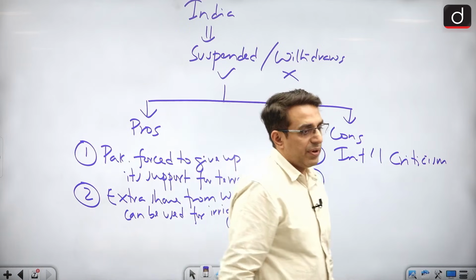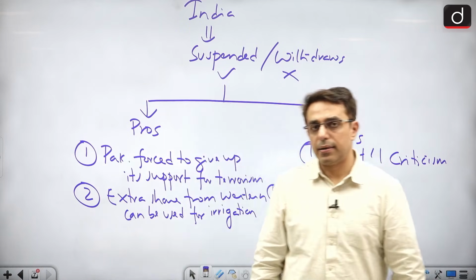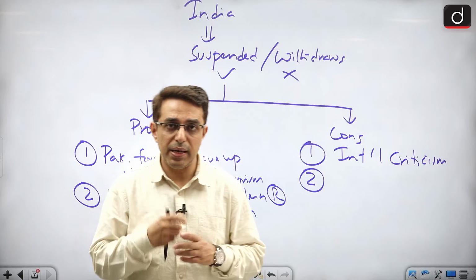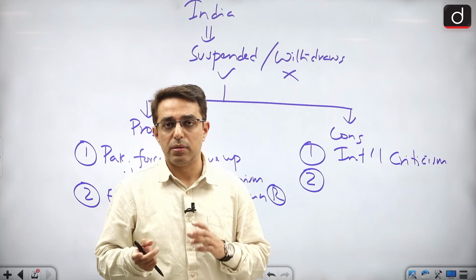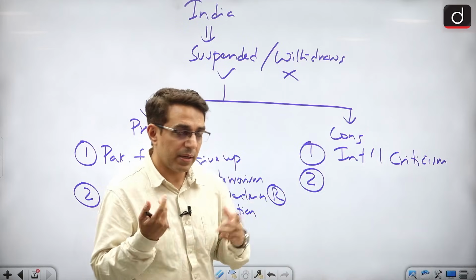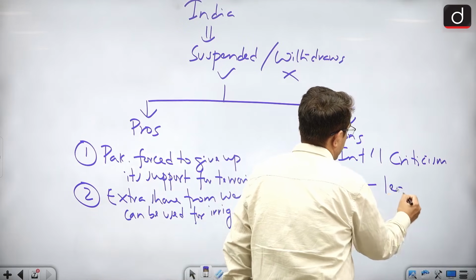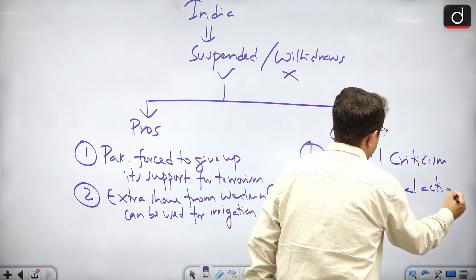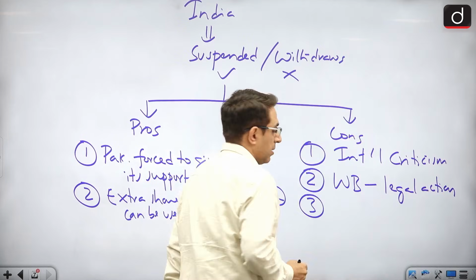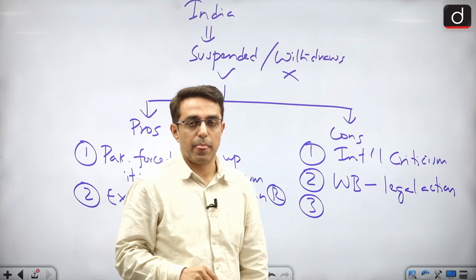Also, we can say that it may also impact World Bank, and World Bank may take legal action against India, right? So World Bank may initiate legal action against India because World Bank is the mediator of this treaty.